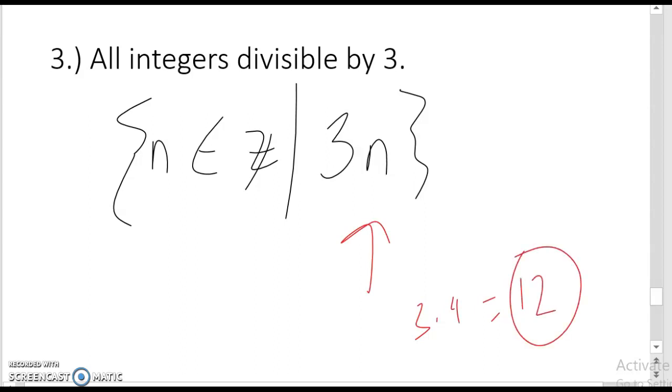Is 12 divisible by 3? Yep. So no matter what we plug in for n, as long as n is an integer, then 3 times n will also be an integer, and it will be divisible by 3, which is the purpose of this. So that's why it works.